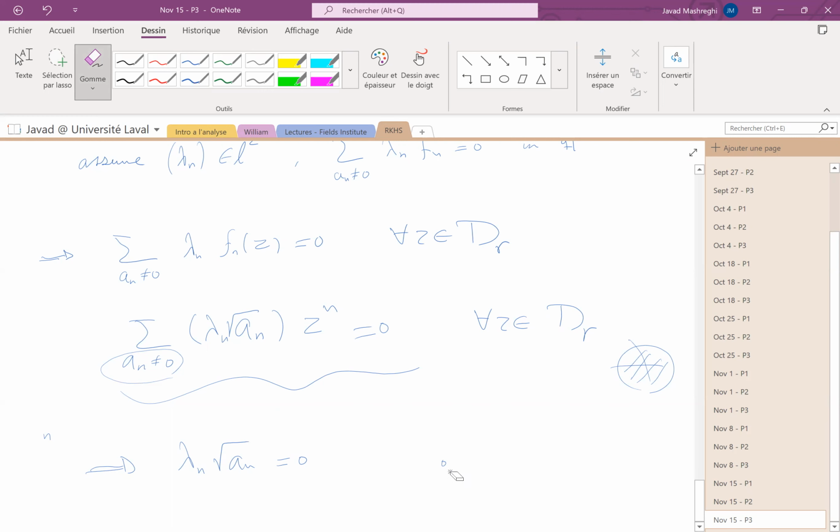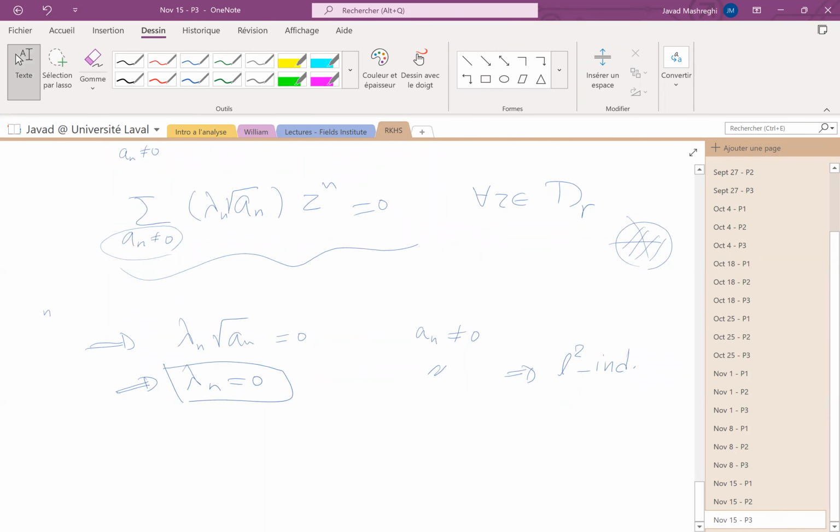That is why I assume this over all indices such that an is not equal to 0, and I finish with lambda n equal to 0 for all of them. So this is L2 independence. And L2 independence, by the previous theorem, means that Fn, for an not 0, is an orthonormal basis. Finished.